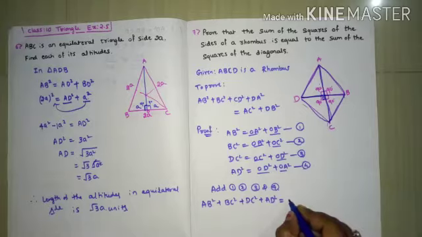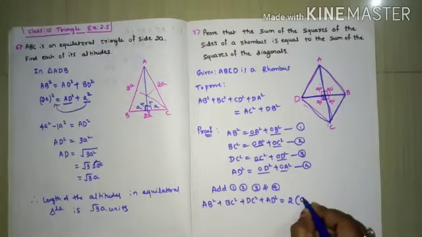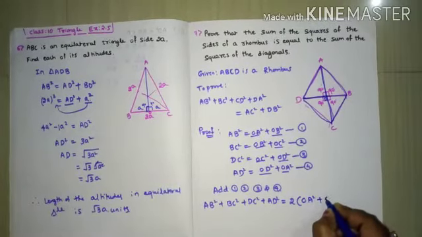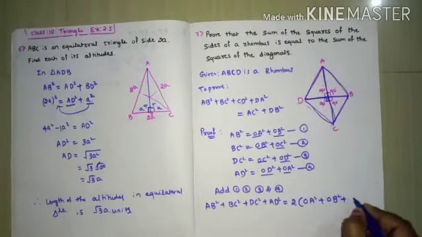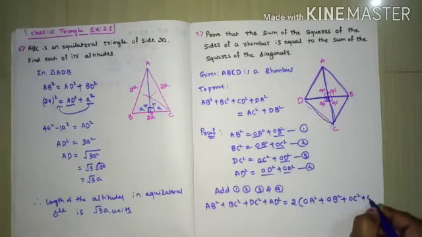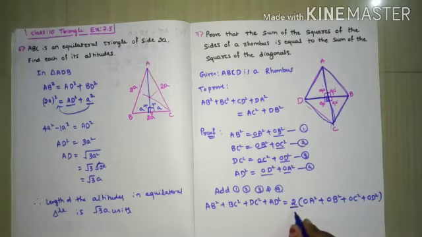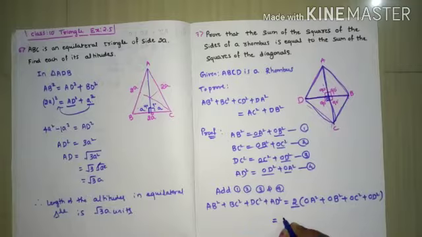All are two times. So I can write 2 OA square plus 2 OB square plus 2 OC square plus 2 OD square, that is, 2 multiplied to all inside.